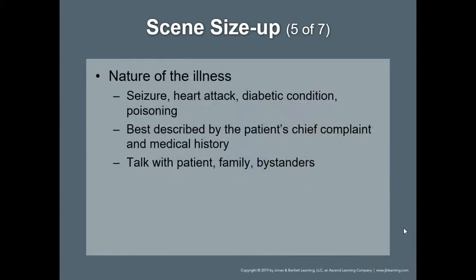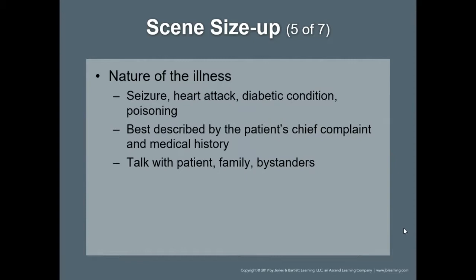When we talk about the nature of illness, it's specific to medical patients. So it's whatever the patient is complaining of or whatever the patient is presenting with. Example: seizure, heart attack, diabetic condition, poisoning.